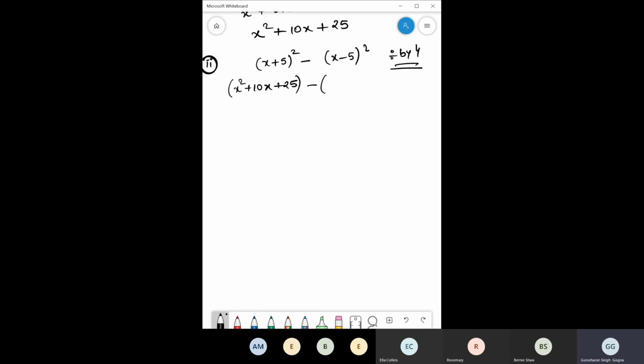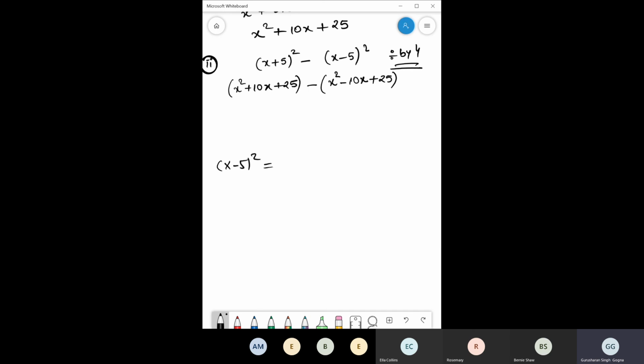However, this is (x minus 5) whole square. Now one way is you can do it separately if you want, but it will only change plus 10x to minus 10x. Okay, so I can quickly do it here just for your reference.